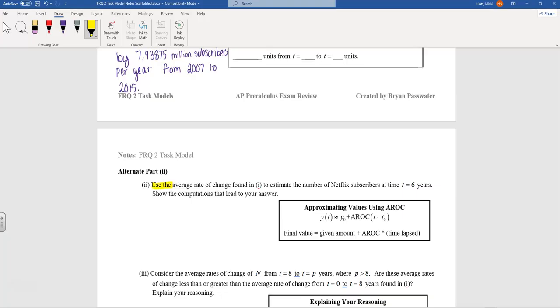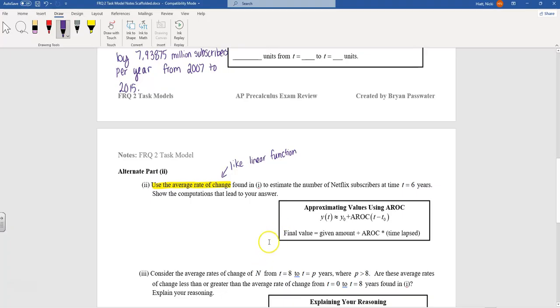But it says use the average rate of change, and that means you have to treat this like a linear function, right? You're treating it like it's a line, not an exponential or a log or whatever else they told you it was at the beginning. So at t equals 6 years, we need to figure out what is happening. So here is what you're going to do.